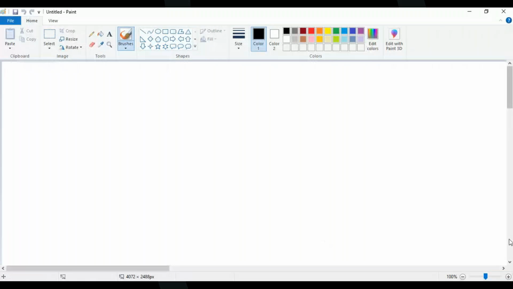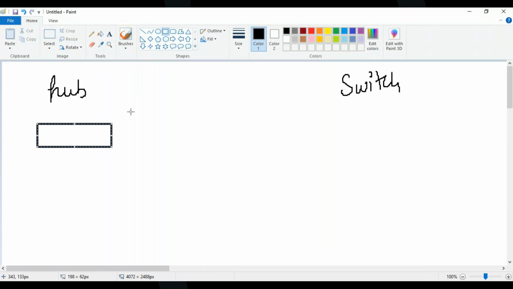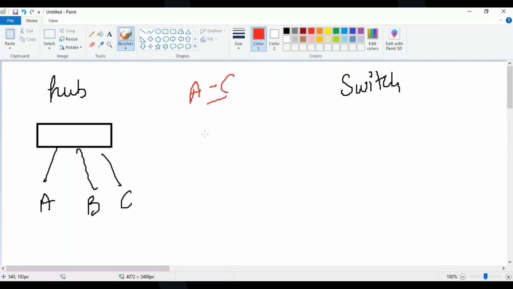Let me draw it here again. This is your hub, and we'll talk about the switch as well. Hub is this, and again, three devices are connected to it: A, B, and C. Now, A wants to send some data to C. A will send this data to hub, and as I told you, it's not an intelligent device.